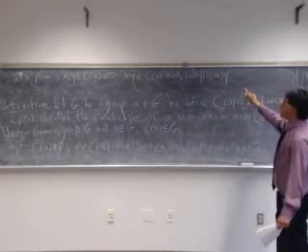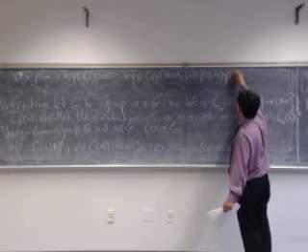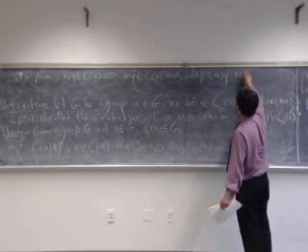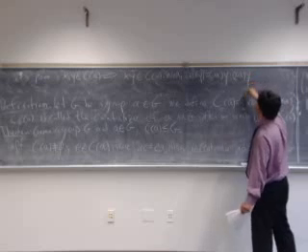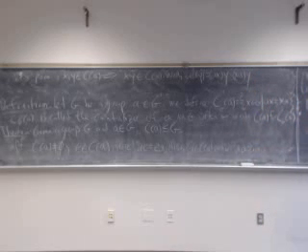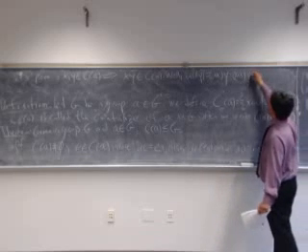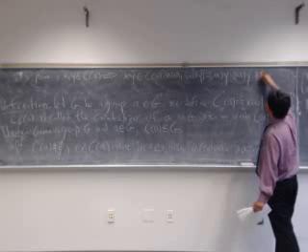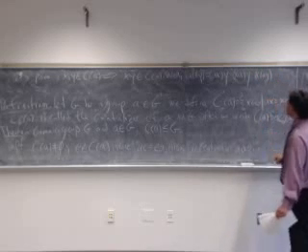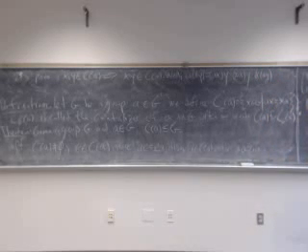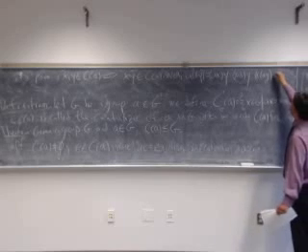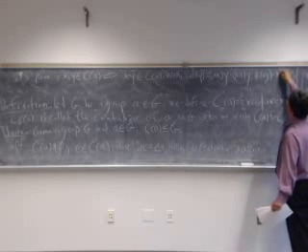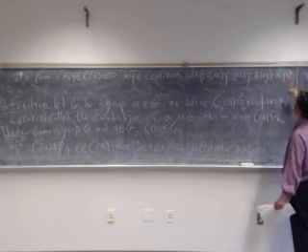And x is in the centralizer, so it commutes with A. That gives us xAy. You can probably see where this is heading. Associativity again. But y is also in the centralizer, so we can flip it and get xyA.